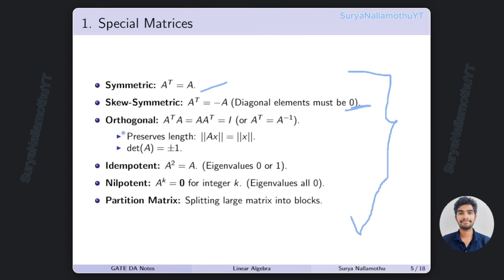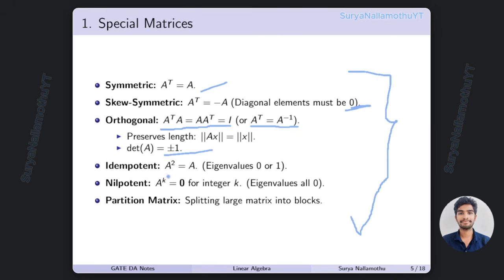Orthogonal matrix: it follows this condition, A transpose A is equal to A A transpose is equal to I, or we can write A transpose is equal to A inverse. For an orthogonal matrix, the determinant is plus or minus 1. Otherwise, it is not an orthogonal matrix.